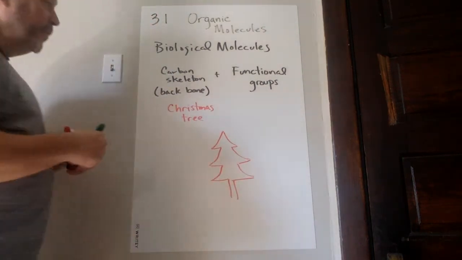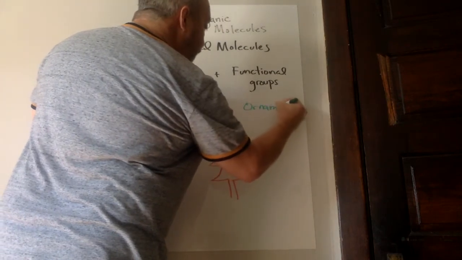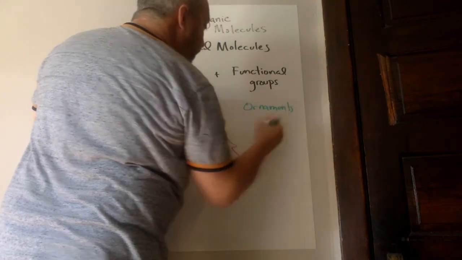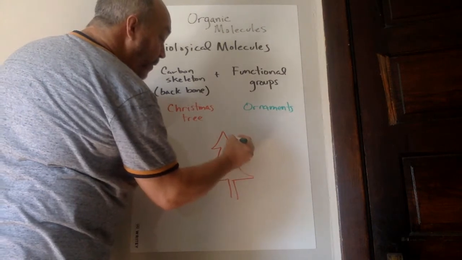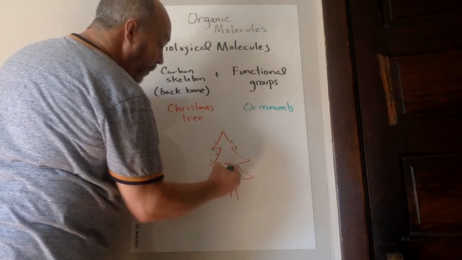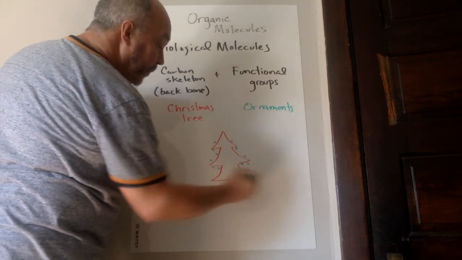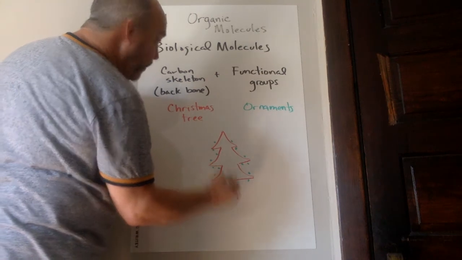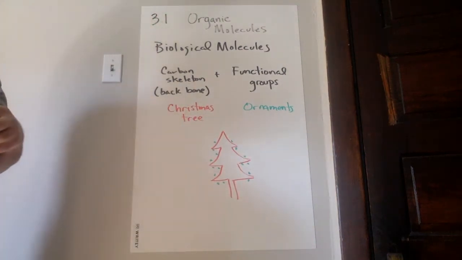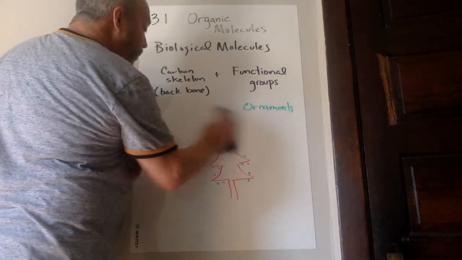And then the functional groups are the ornaments, the things that we can hang off of it. So we can hang ornaments off of our tree, just like we can hang functional groups off of our carbon skeleton. So, what are some different functional groups?